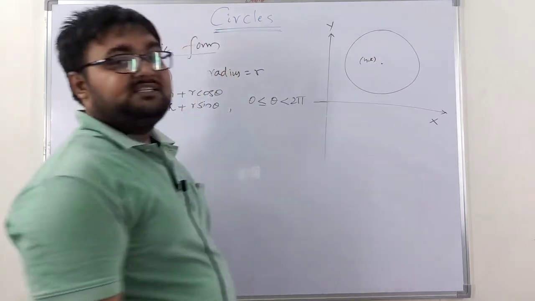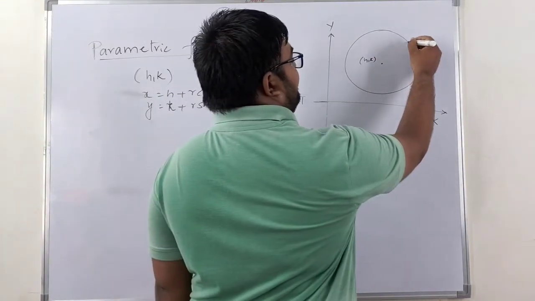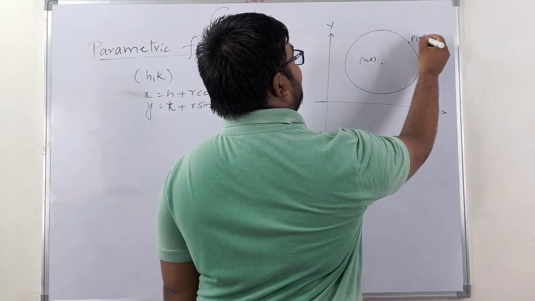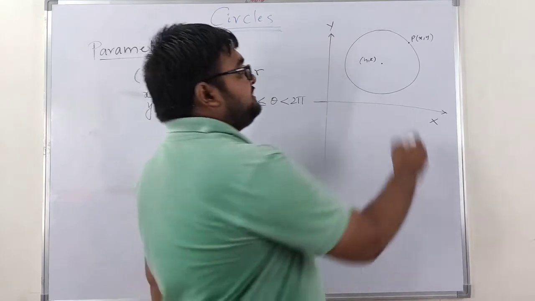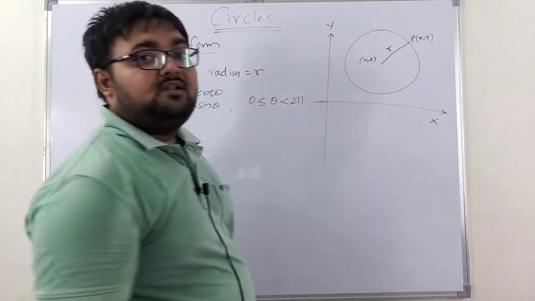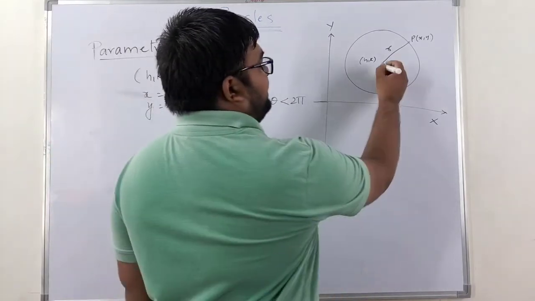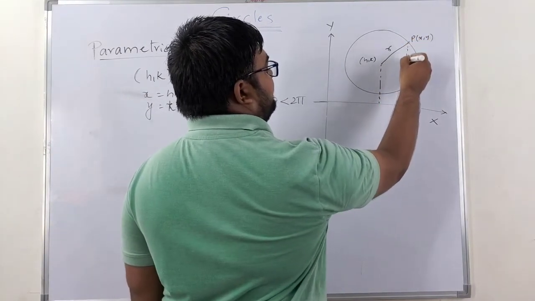This is the center of the circle. Now let us consider a point P, some x comma y, and the distance between these 2 points is nothing but the radius r.